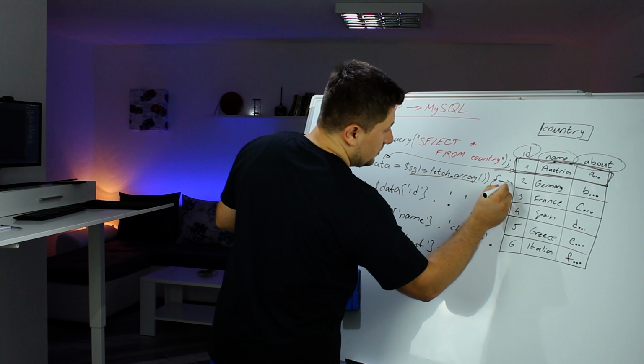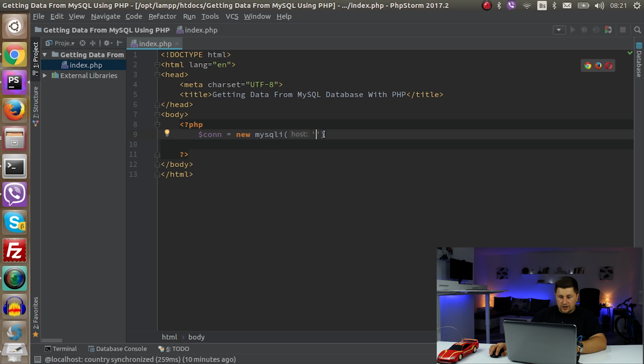So we are just going to use the data from this table. So we have ID, name and country code. So let's say I'll write here PHP code, and here I will define a new variable connection, and I will say equal new mysqli, and inside here I'm going to write the connection parameters.